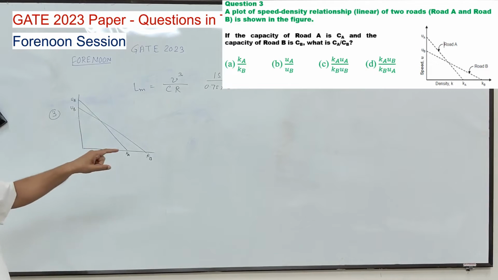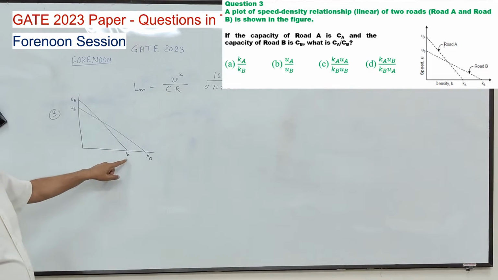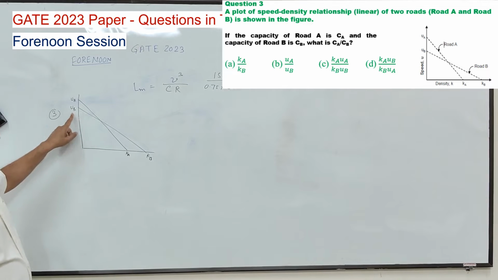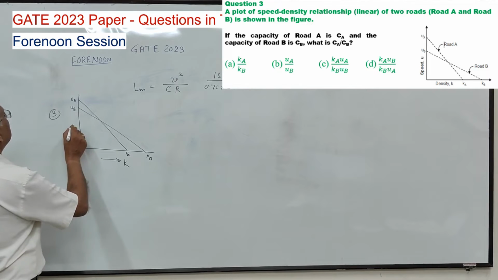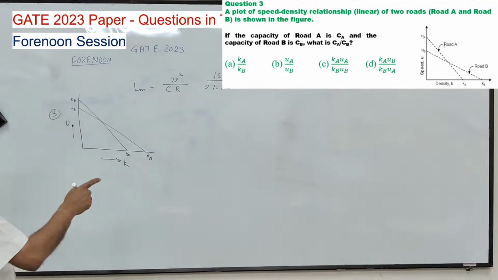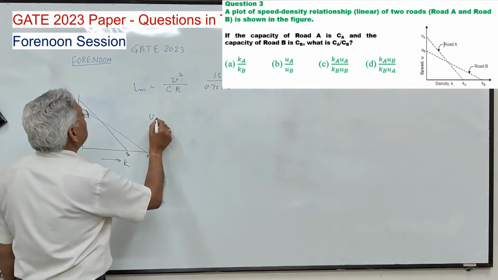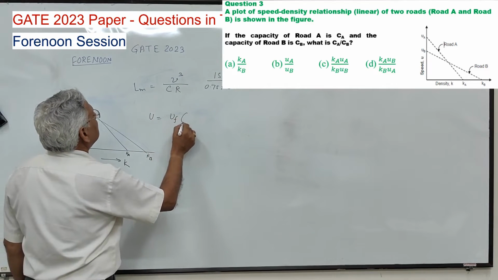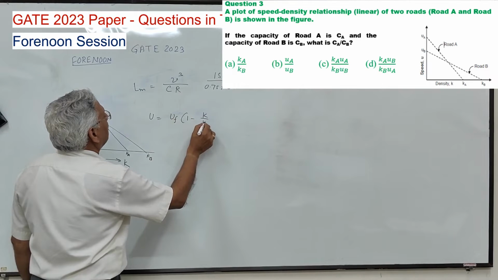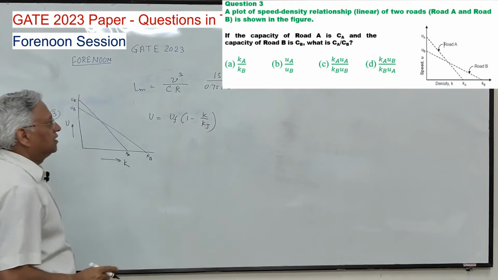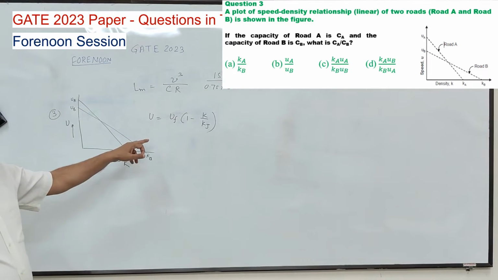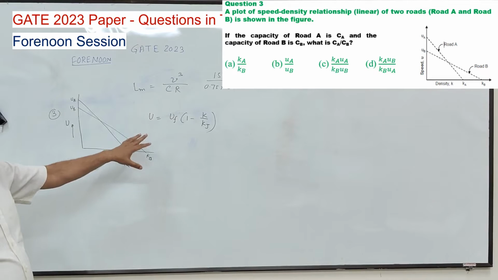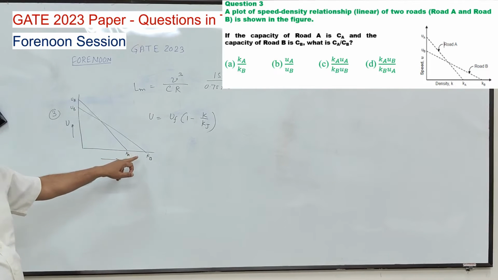Now, when you have the speed density relationship, K here is density, U is speed. When you have a linear relationship between speed and density, then it is the Greenshields model. And Greenshields model says that speed is free flow speed into 1 minus K upon Kj. That is the speed density equation using Greenshields theory. Greenshields theory applies only when speed density relationship is linear.